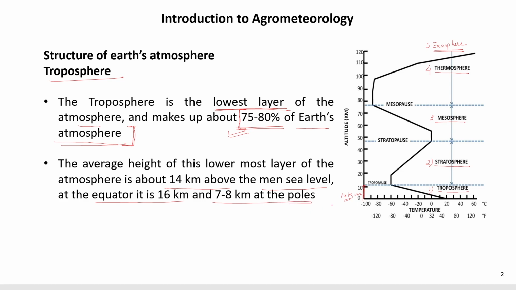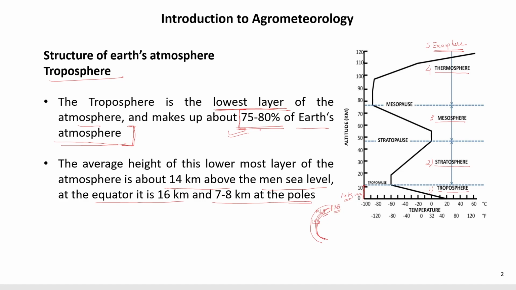So the troposphere is not uniform all over the surface of the Earth. At the mean sea level it is 14, at the equator it is around 16, at the poles it is 7 to 8. These points are very important to remember.